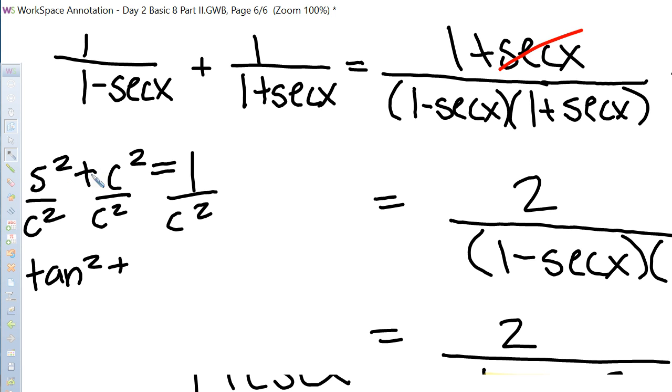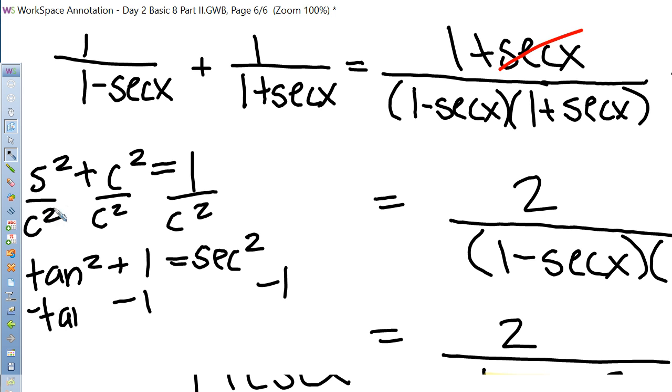Cosine squared divided by cosine squared is 1. 1 over cosine squared would be secant squared. So if I have 1 minus secant squared, what does that equal? Yeah, negative tangent squared of x. I would have to subtract 1 to both sides, subtract tangent squared to both sides.